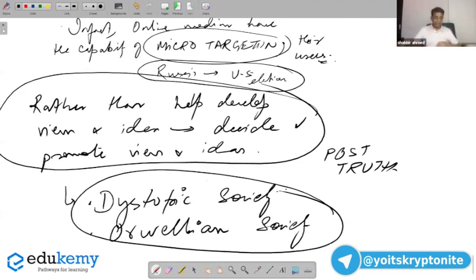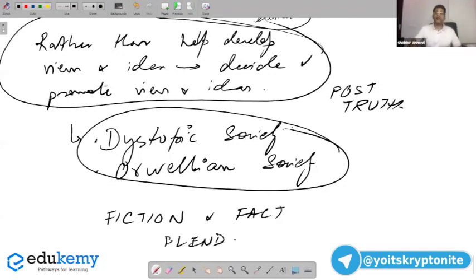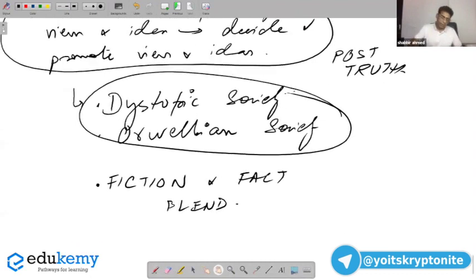So under these circumstances, the notions of, इसमें क्या है? We say fiction and fact blend. You cannot differentiate what is right from what is wrong. Fiction and fact blend.